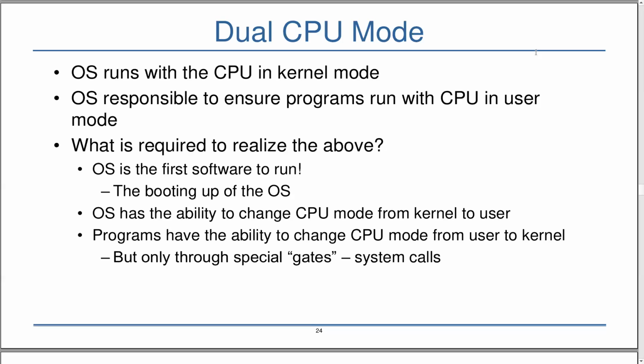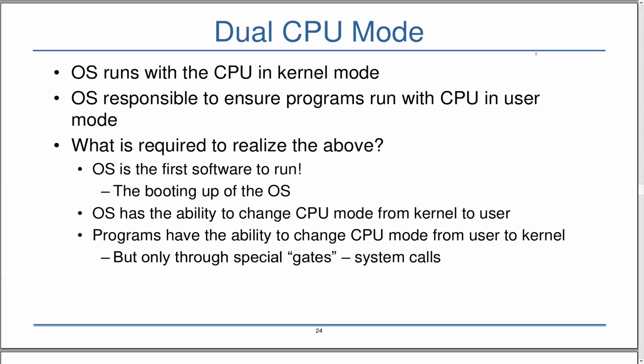So how do we actually implement it? Remember that the operating system is pretty much the first program that you run on your computer, except maybe firmware. It's the first software that runs when you boot up, and it runs in kernel mode initially, in privileged mode.